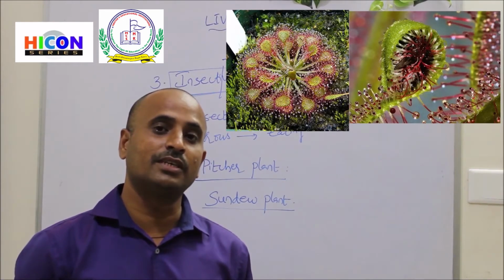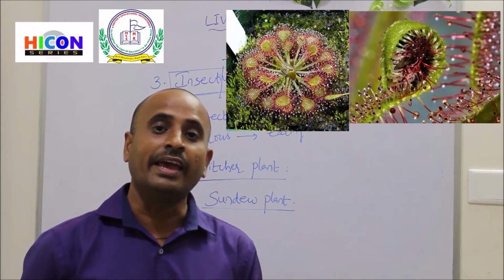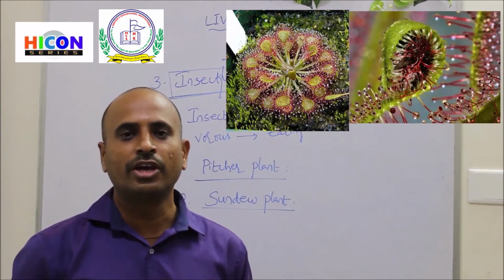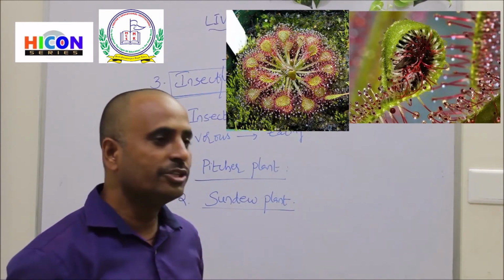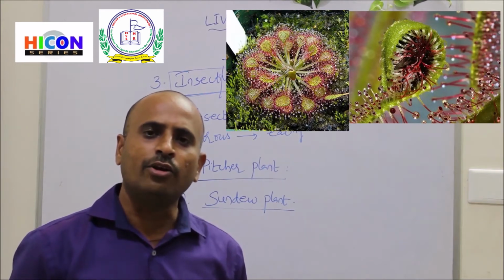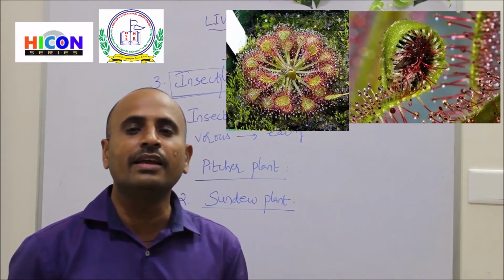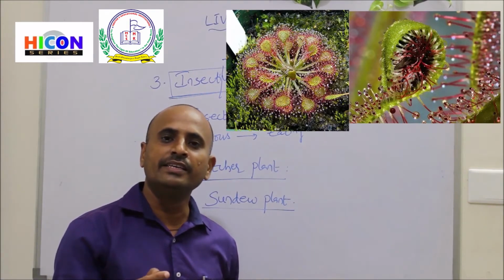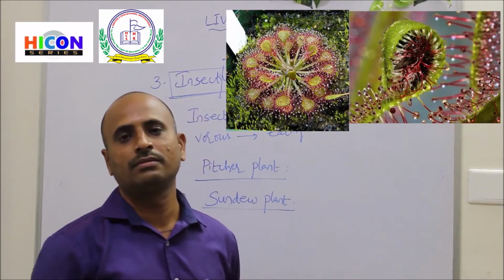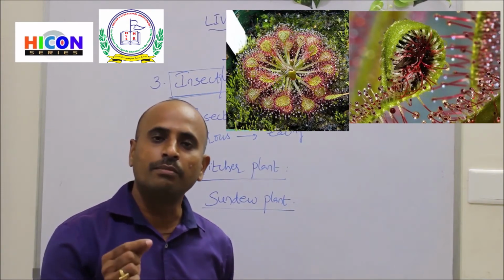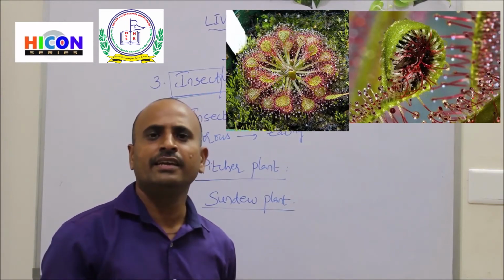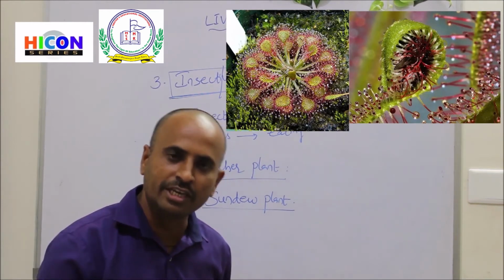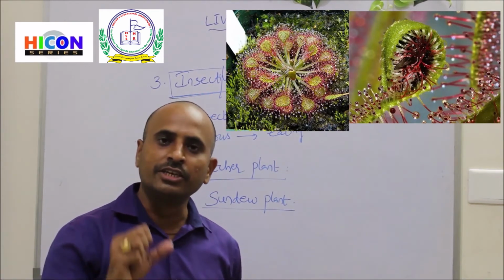You can observe hair-like structures around its leaves, and at the end of each hair there is a gum ball. This gum ball easily attracts the insects. When the insect comes near the leaf, it will stick to it.